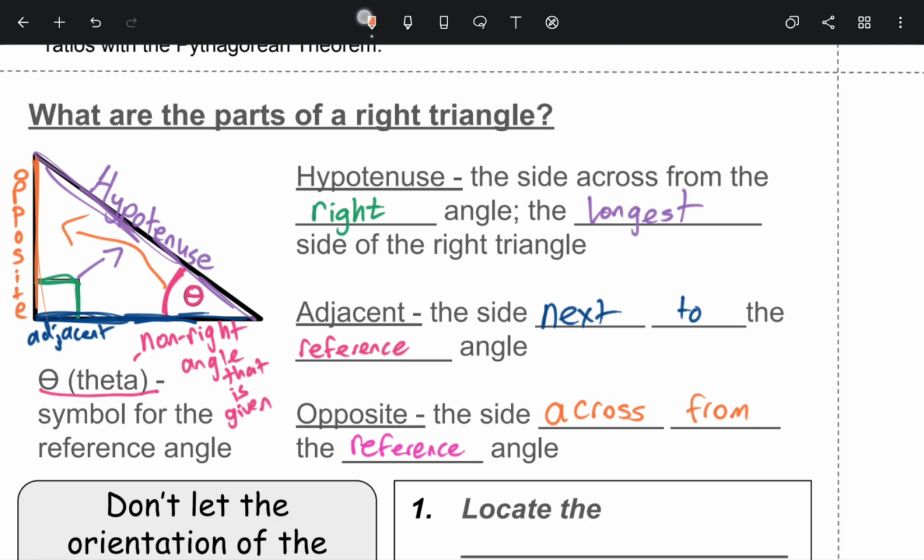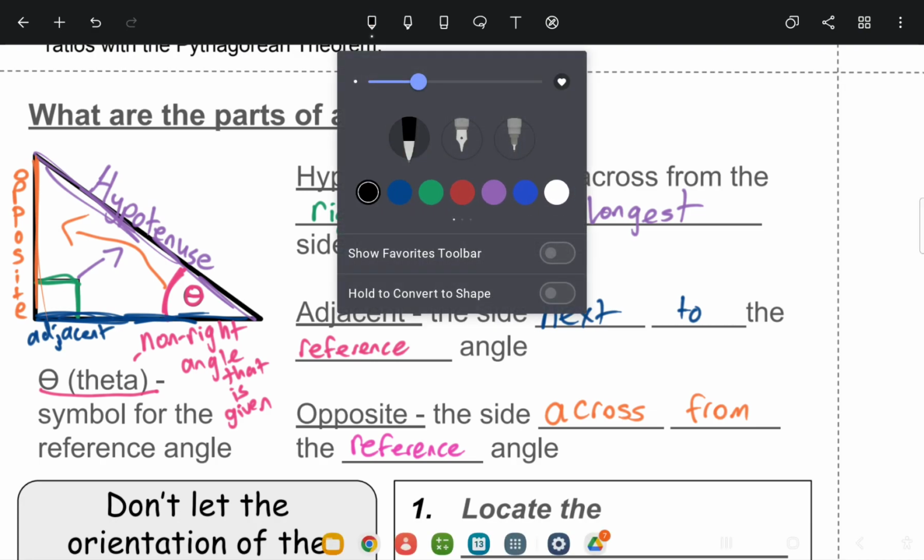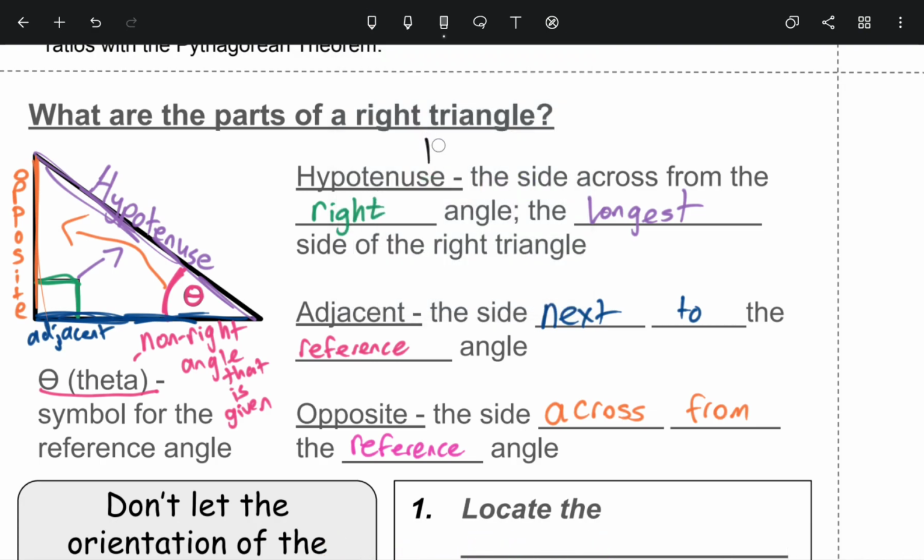And then we can abbreviate all of these as hyp, adj, and opp. I recommend highlighting these if you haven't already.